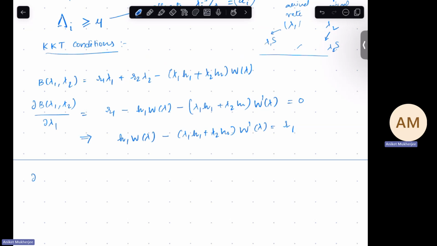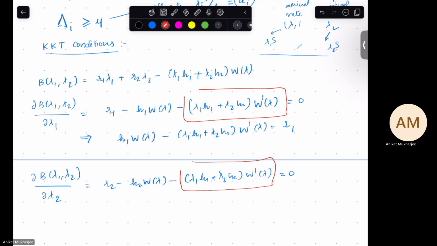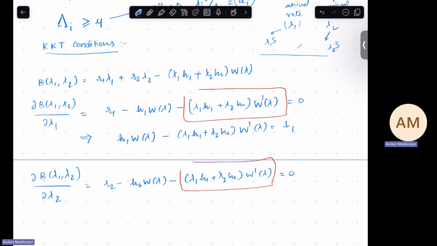Similarly, if you do it with respect to lambda 2, you get R2 minus H2 W(lambda) minus (lambda 1 H1 plus lambda 2 H2) W prime(lambda). This term remains the same. So H2 W(lambda) plus (lambda 1 H1 plus lambda 2 H2) W prime(lambda) is equal to R2.